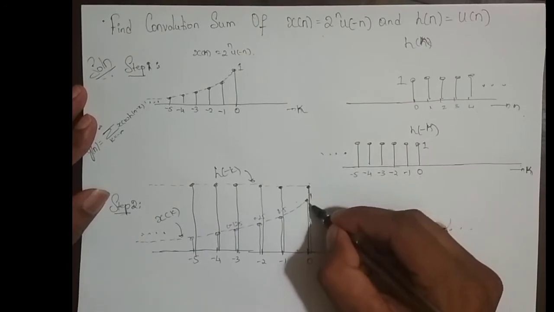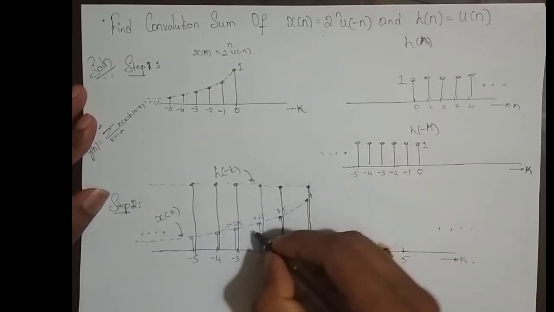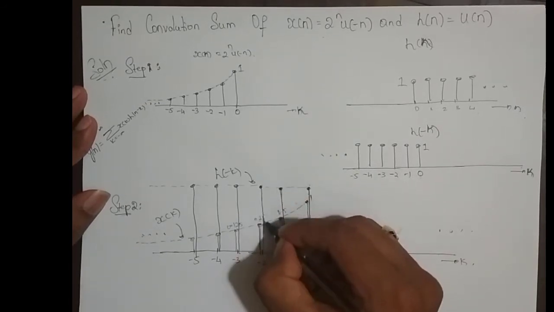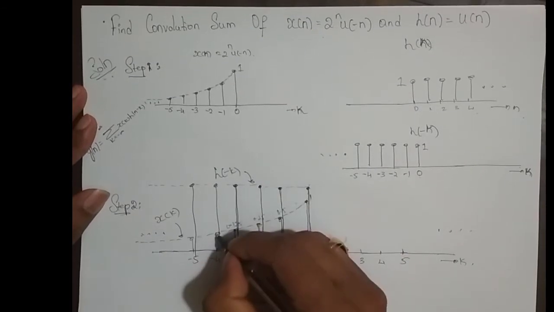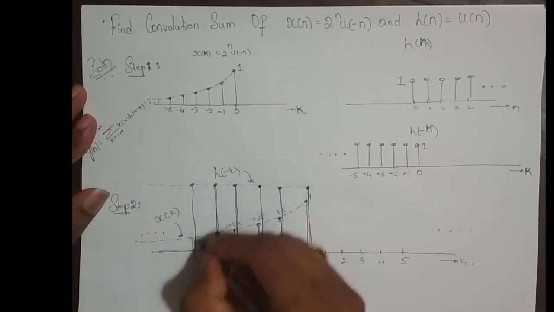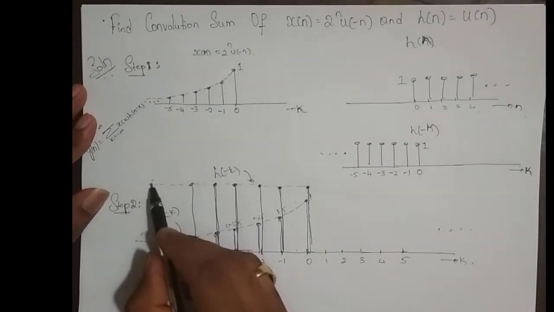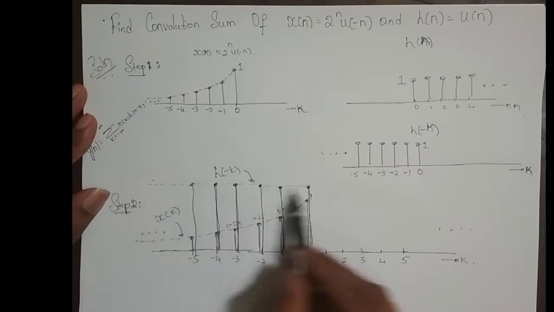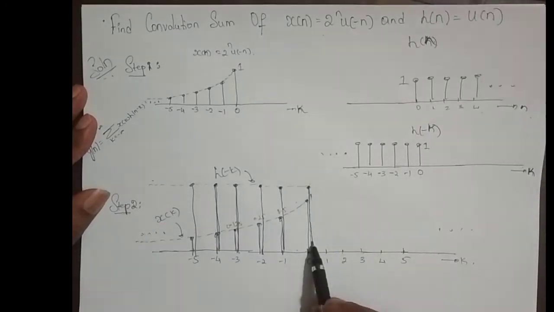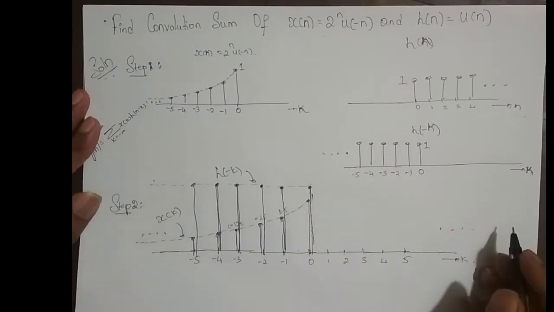You cannot see what's happening. So I just wrote the samples just after the first sequence, which is x of k. So this is x of k, which is nothing but 2 power minus n u of n, and this is h of minus k, which is nothing but u of minus n. Okay, you got it.